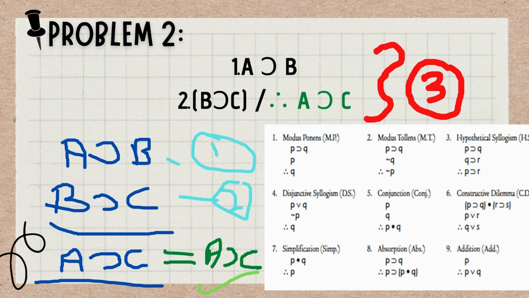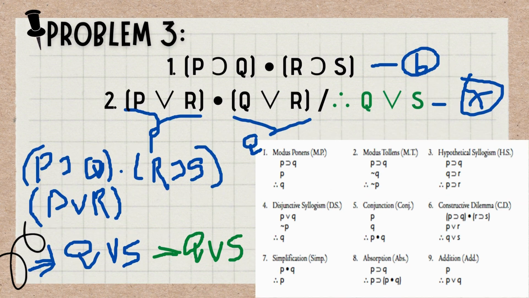P implication Q, Q implication R gives P implication R. So A implication B, B implication C gives A implication C. That is what we proved. Therefore, this argument is a valid argument.